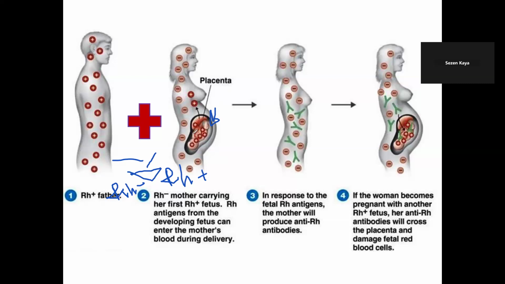But if it happens, this mixed contact of mother's and baby's blood will be a problem for the second pregnancy, not the first. In the second pregnancy, the mother's body has already created antibodies for this D antigen.